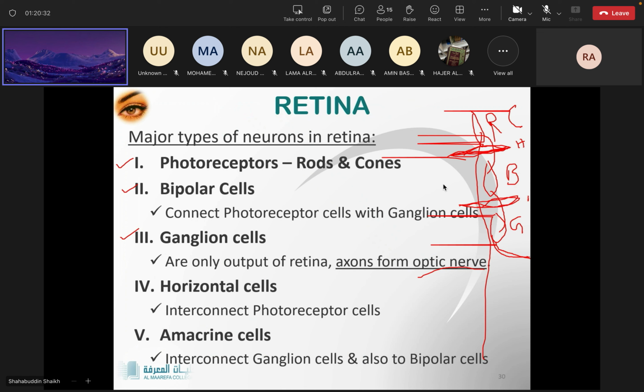So they are amacrine cells like this. They are there to increase or decrease the transmission from one cell to another. Horizontal cell will increase or decrease the transmission of action potential from receptors to the bipolar cell, and amacrine cell will increase or decrease transmission from bipolar cell to ganglion cell.